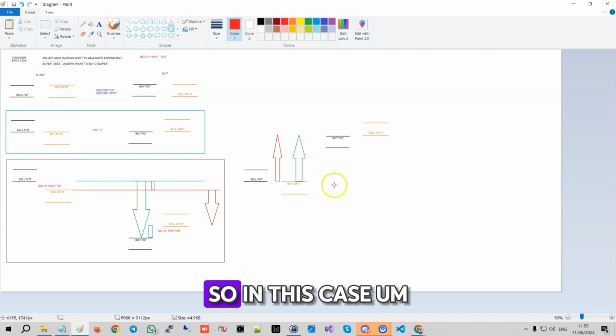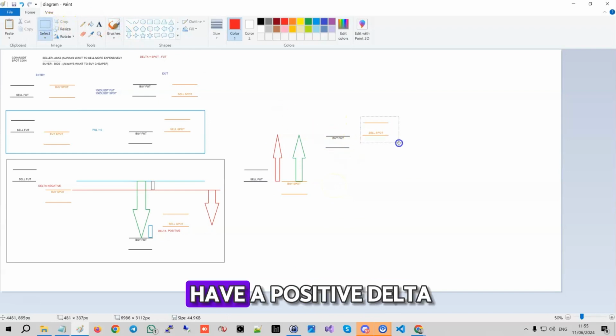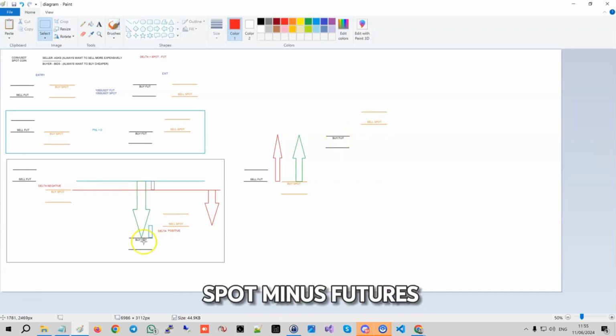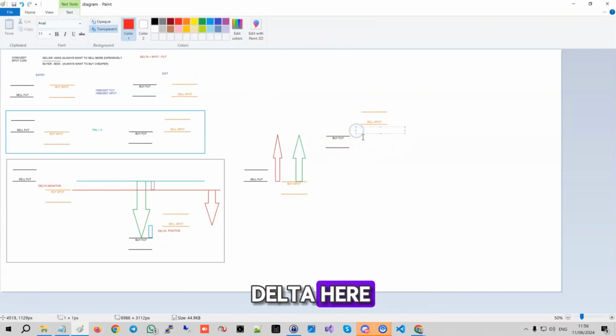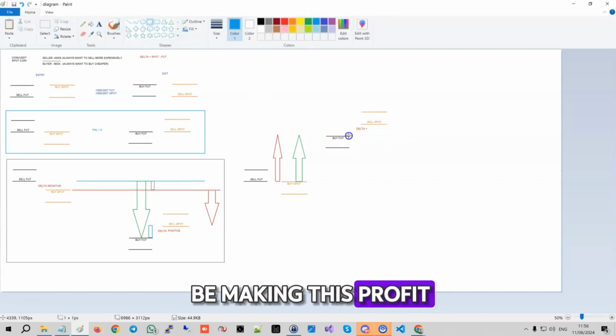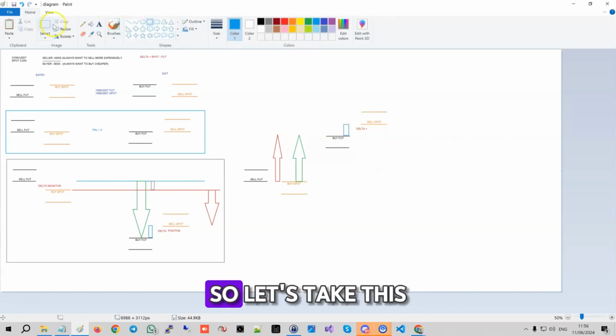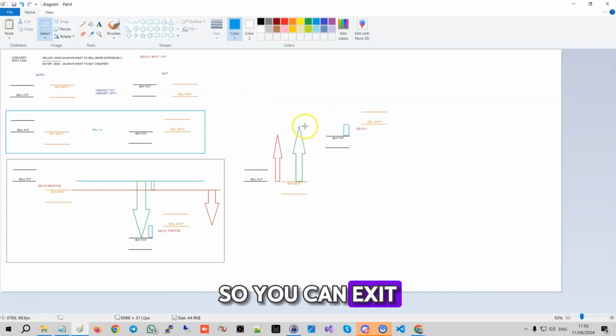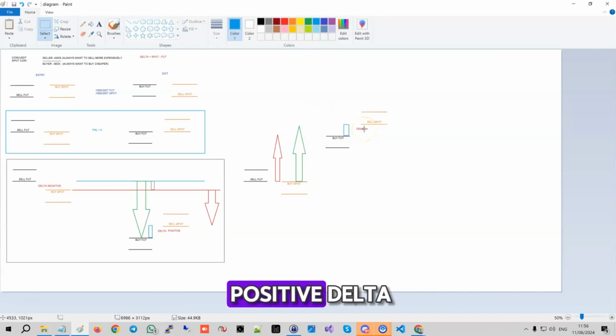So in this case, it's best to have a positive delta again, spot minus futures. If you have a positive delta here, you're going to be making this profit here. Let's take this and extend it a little bit. There you go. So you can exit when you make your positive delta.